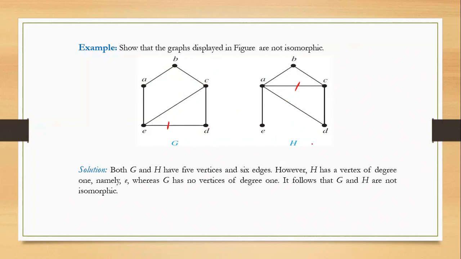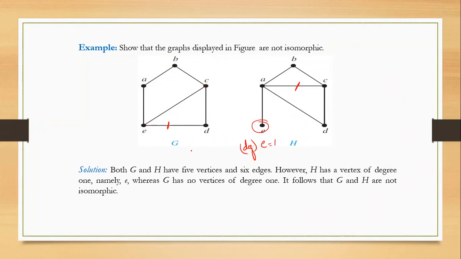Okay, but when you compare the degree, H has a vertex of degree 1, that is E's degree is 1, degree of E in this H graph is 1, but please find out any vertex whose degree is 1 in G. You can see that A has a degree of 2, B has a degree of 2, C has a degree of 3, D with a degree 2 and E with degree 3.